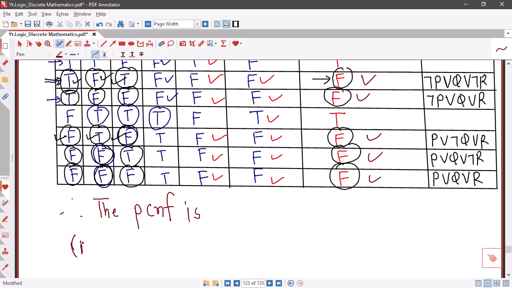So I start with last row, I have P or Q or R. I will join all these max terms by AND operator.